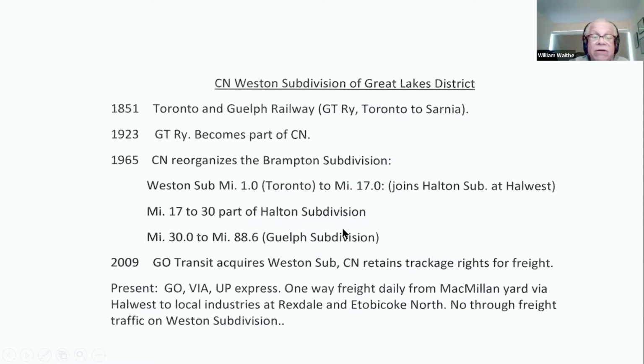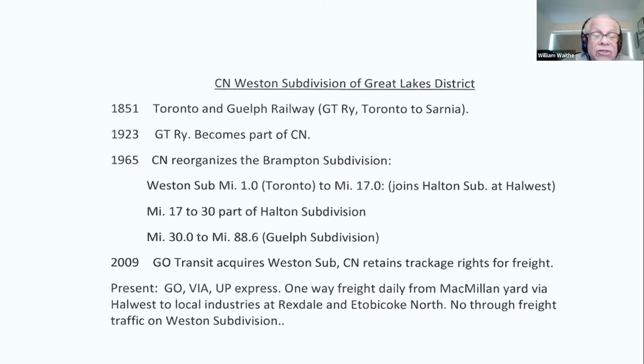A brief bit about the history of the Weston sub and its origins. The Toronto and Guelph Railway built a railway in Toronto and extending to Sarnia in 1851. And in time, that was taken over by the Grand Trunk Railway.